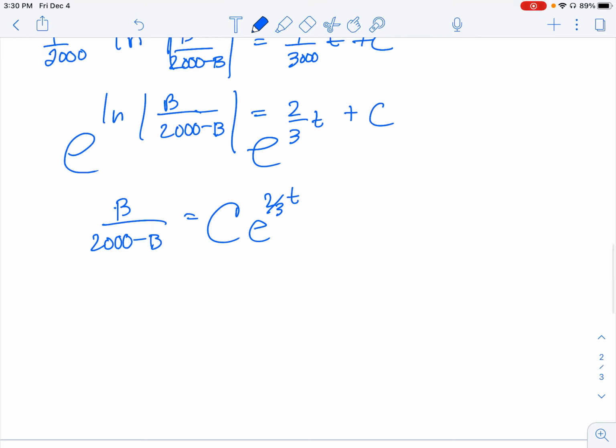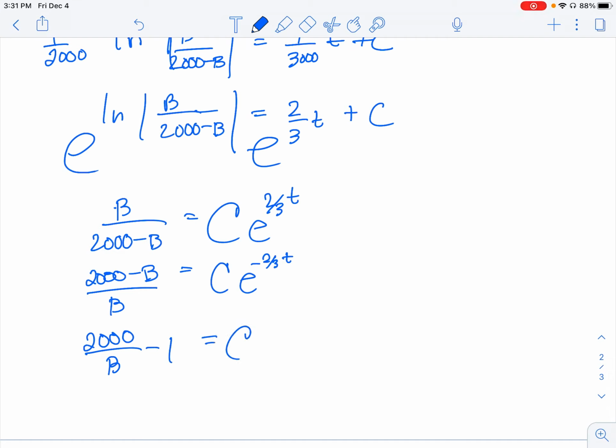If I flip it, this is 2,000 minus b is equal to, and it'll end up being c e to the negative 2/3 t, and this will be over b. So now I have 2,000 over b minus 1 equals c e to the negative 2/3 t.